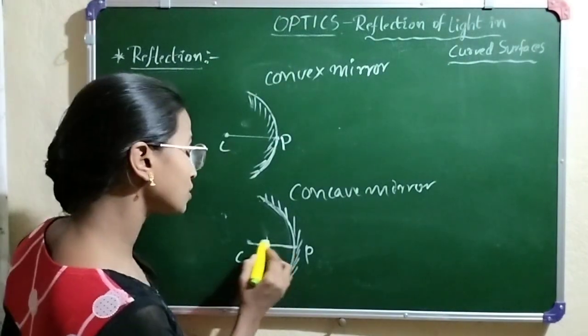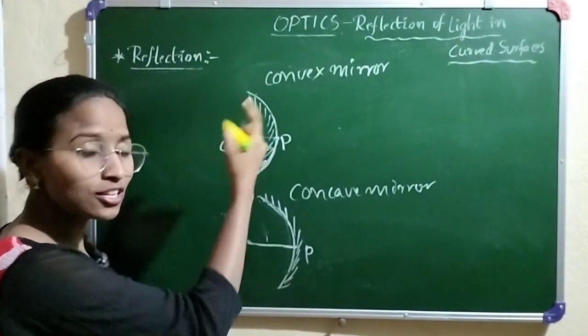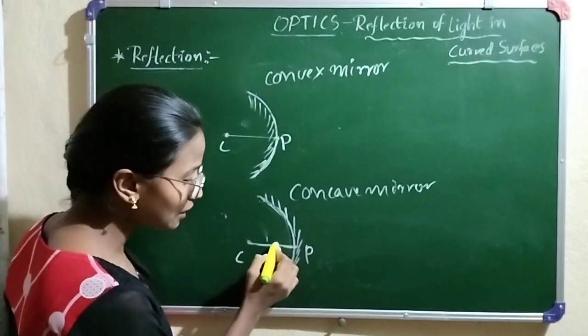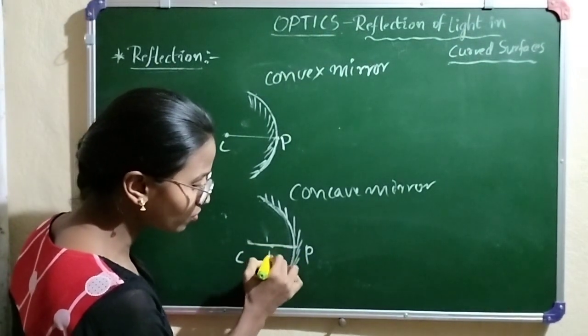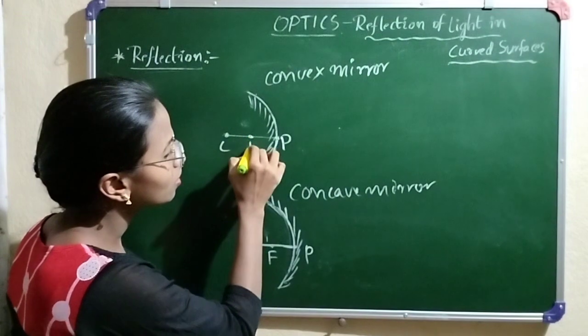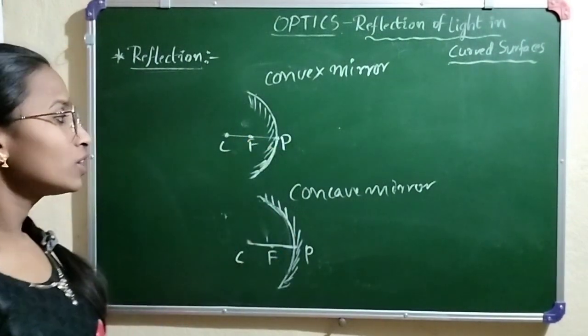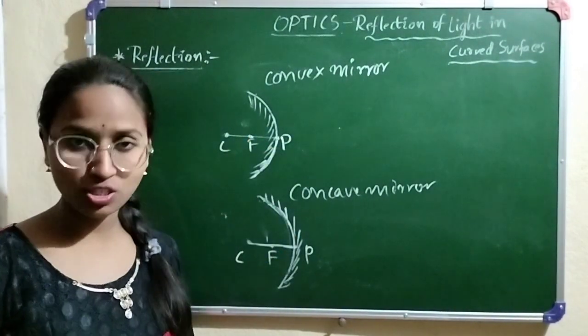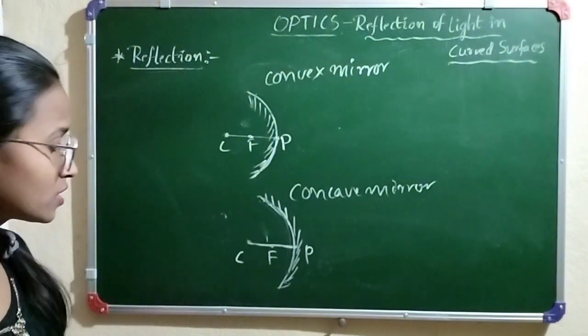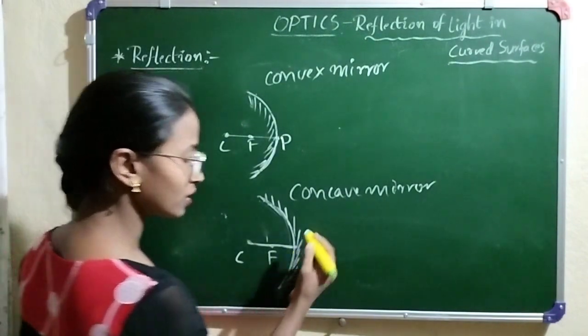The length between the pole and the center of curvature is the radius of curvature, and exactly the midpoint between the pole and the center of curvature we call the focus point, or focal length. Am I clear?